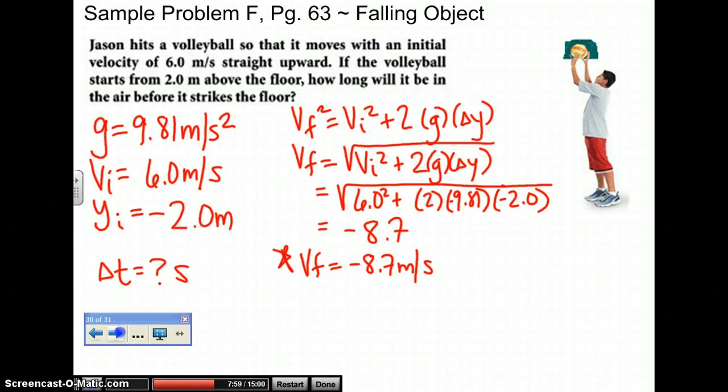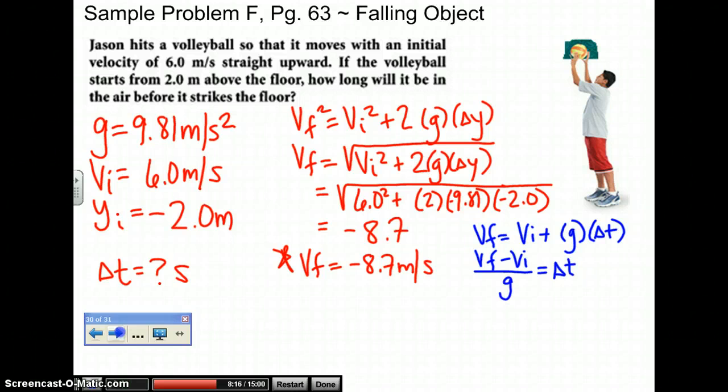The next equation you want to use then, and I'll just switch colors here, is v sub f equals v sub i plus g times delta t. Rearrange this so that we can solve for delta t. So that would be v sub f minus v sub i over g equals delta t. Where v sub f is negative 8.7, v sub i is 6.0, and g is negative 9.81.